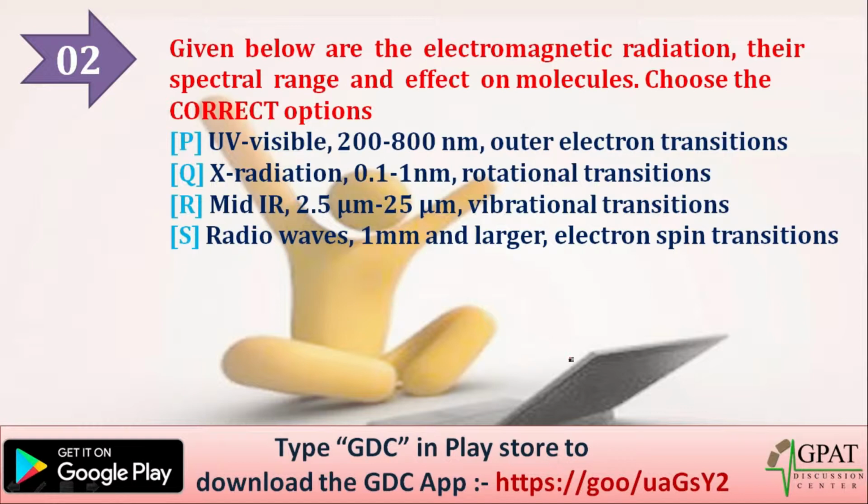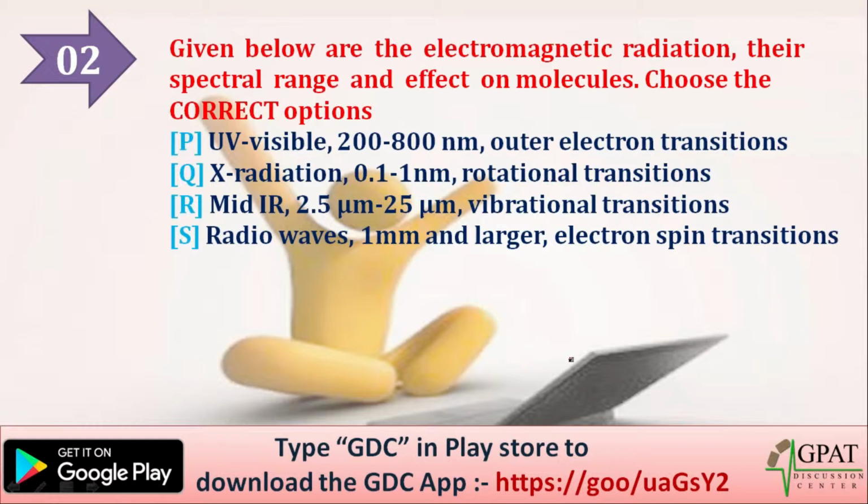Option P is UV visible, 200 to 800 nanometer, outer electron transitions, where Q is X radiation, 0.1 to 1 nanometer, rotational transitions. R is mid IR, 2.5 micrometer to 25 micrometers, vibrational transitions. S is radio waves, 1 millimeter and larger, electron spin transitions.